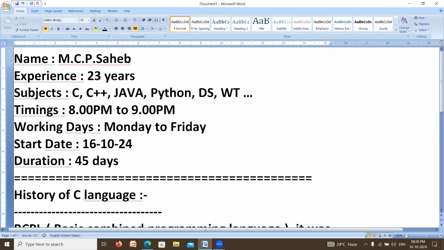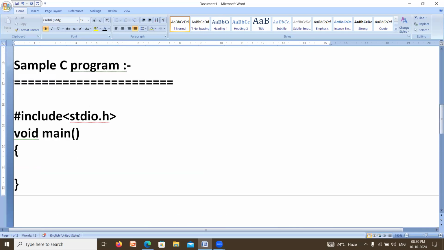Here we are going to solve problems. For every problem, there will be a solution. That solution you need to mention between these two curly brackets. That solution is called processing statements. It is the sample C program.